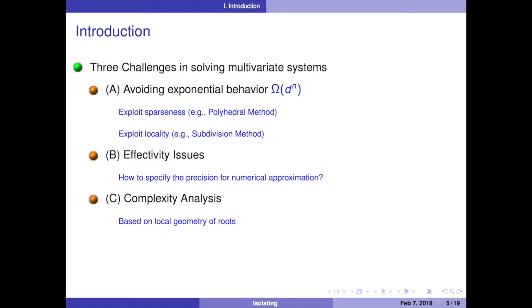Okay, so we have to avoid exponential behavior. Then there's an effectivity issue. If you describe an algorithm in the real RAM model using exact real number operations, we have no idea how to effectively specify the precision for the approximation at every step.